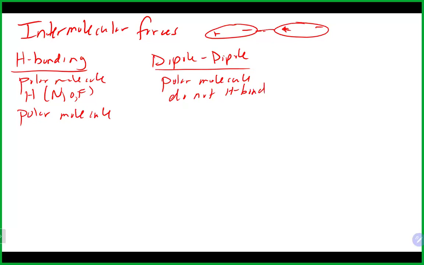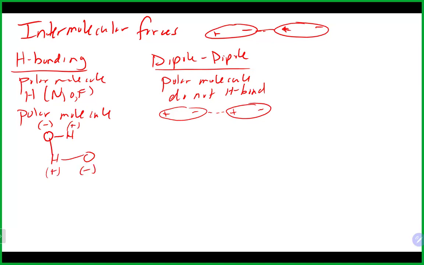Because they are polar, they always have a positive side and a negative side to that molecule because of the dipole moment, and that is what allows the interaction to occur. It's really the same sort of interaction happening with our hydrogen bonding, with the negative side and positive side, which allows those molecules to hydrogen bond.